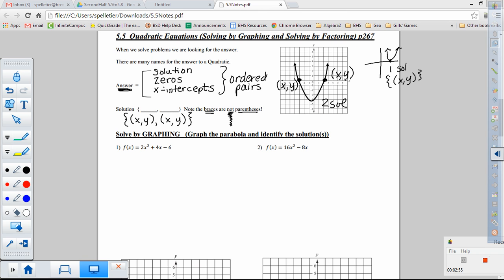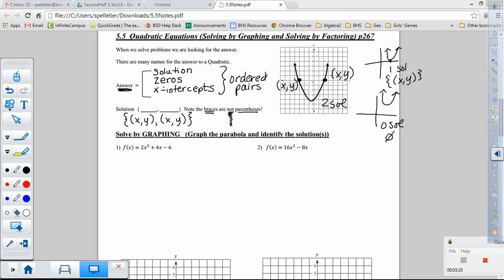And sometimes we would have a situation where there's no solution. Maybe the parabola is up here and it never crosses the x-axis. There would be zero solutions there. We would say that there is no solution because it does not cross the x-axis. So those are the three situations we will run into.